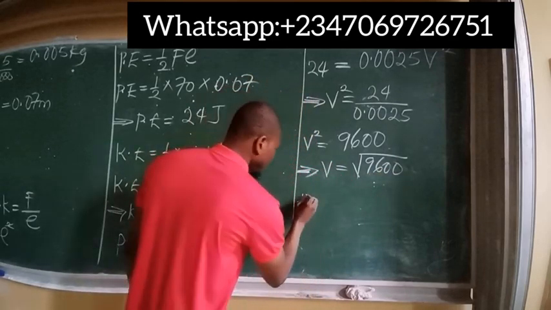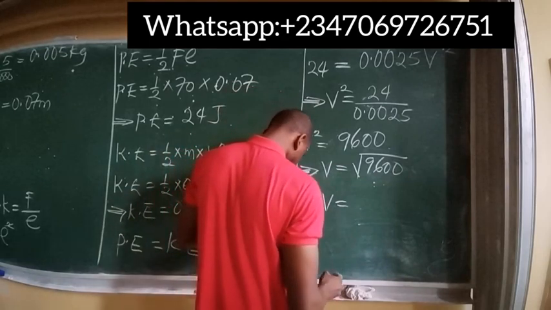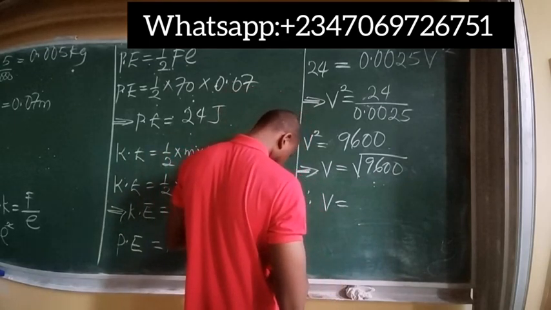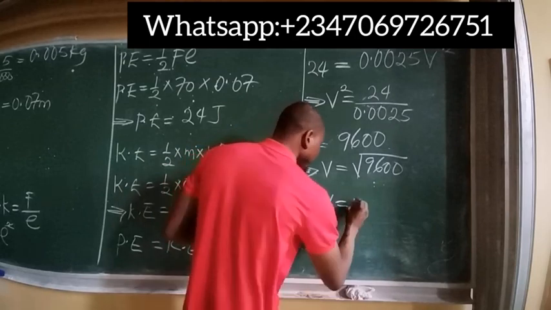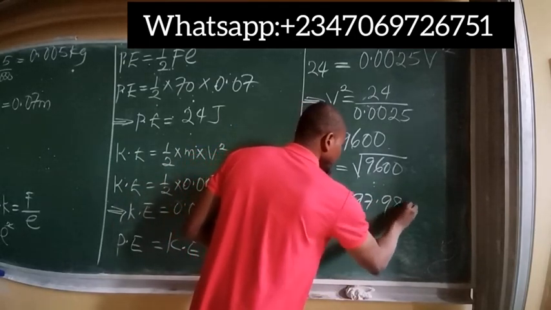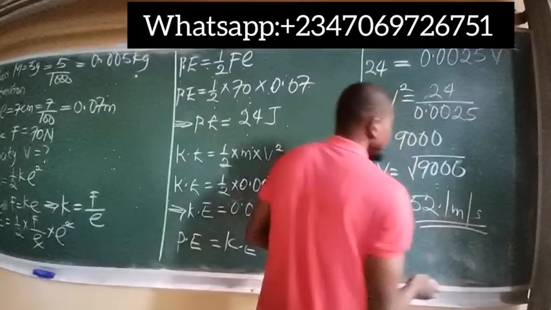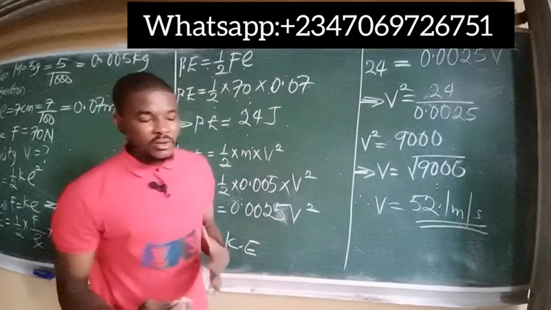Therefore we can obtain the value of the velocity as the square root of that value, which gives us 97.98 meters per second. So this becomes the velocity of the stone.